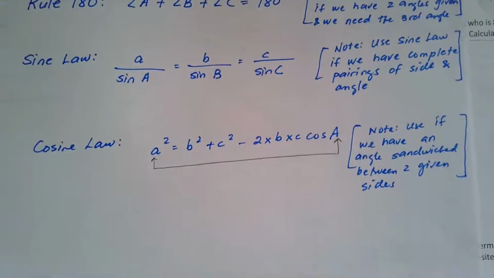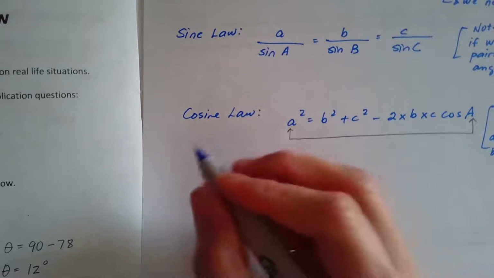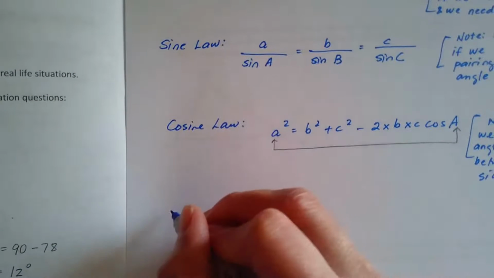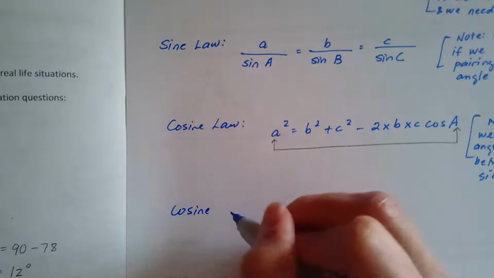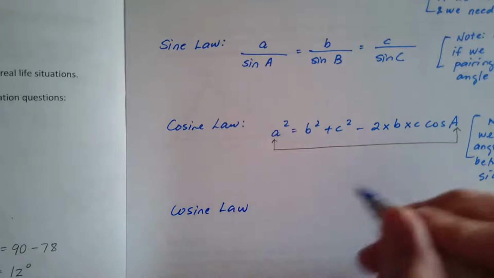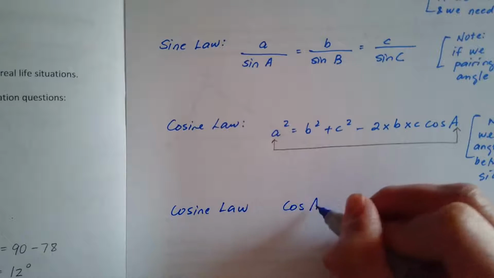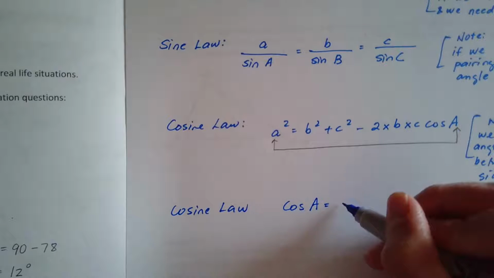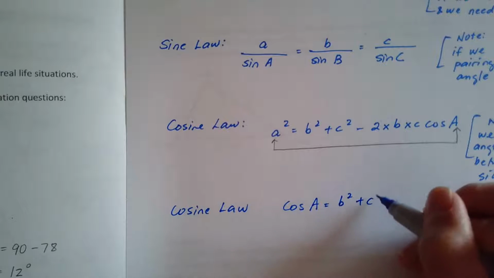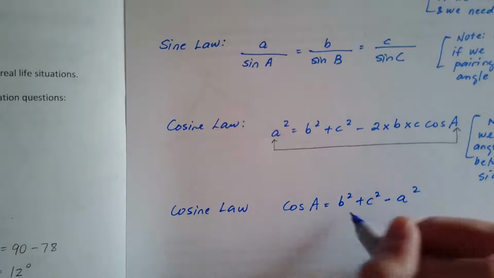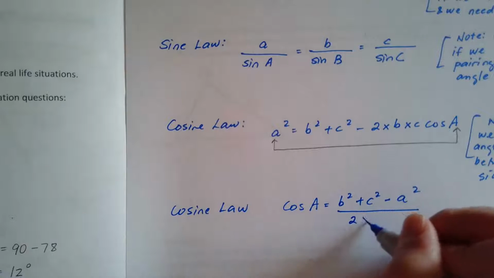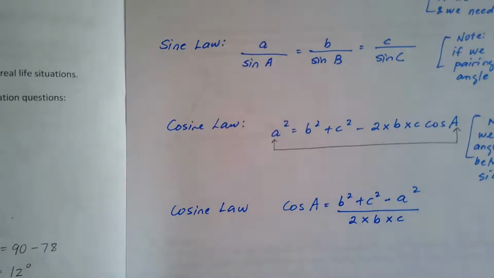And then we have the last cosine law. It's also cosine law. It's going to be cosine of angle A equals b squared plus c squared minus a squared divided by 2 times b times c.